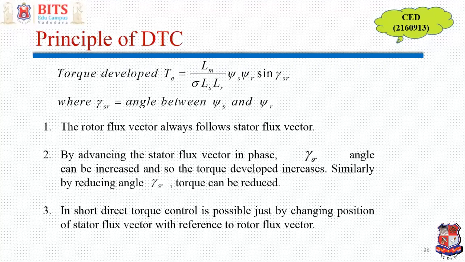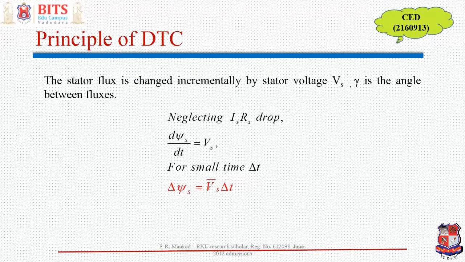So how is it done? This is the KVL equation of any phase, right? Vs is equal to Is Rs plus d by dt of psi s. Psi s is nothing but the flux linkage, N phi, which is equal to Li. So if I neglect the resistance drop, what do I get? V is equal to d psi by dt, right?